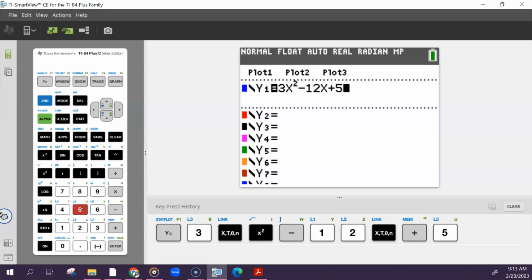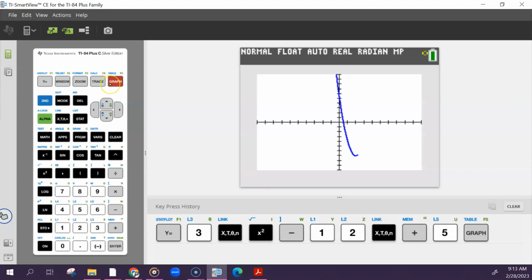Once you have that in, go ahead and hit graph. If you cannot see the vertex in the window, then the graph method will not work, and you'll have to use the table, unless you zoom out.